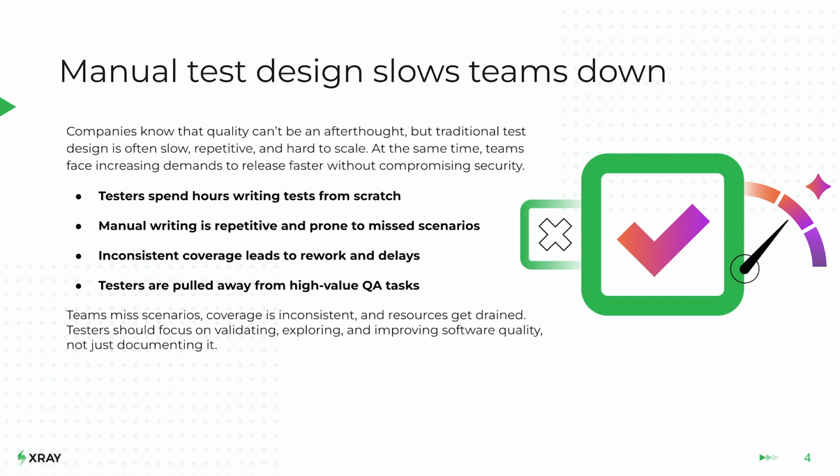When writing tests manually, teams also risk missing edge cases, duplicating effort, and introducing inconsistencies. And this is especially true in fast-paced, agile environments. What testers want to do is explore and validate, but instead they're stuck documenting and writing test cases.